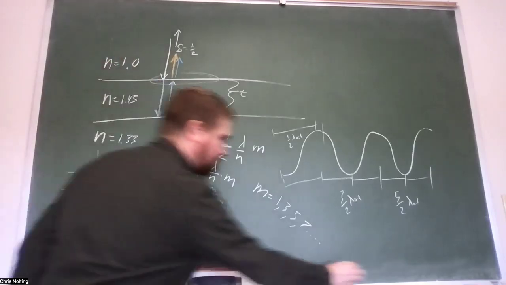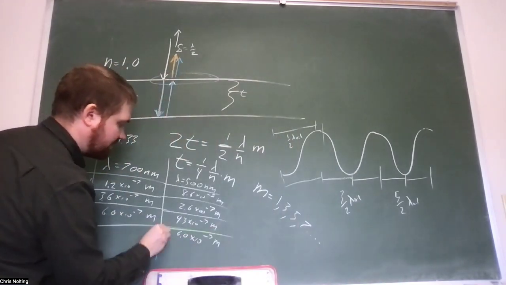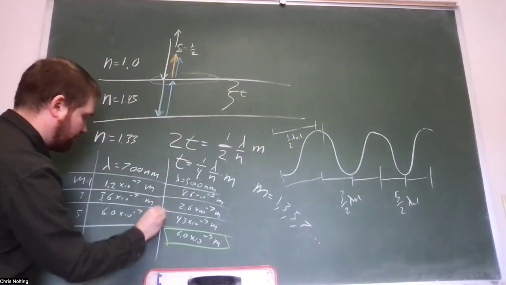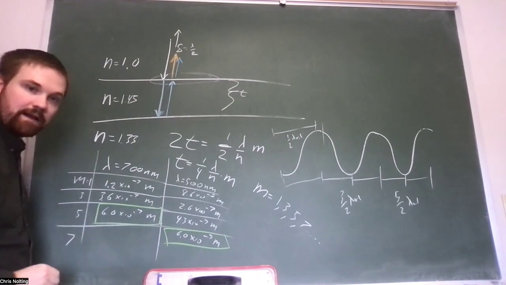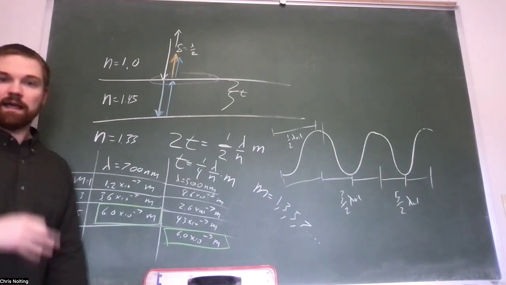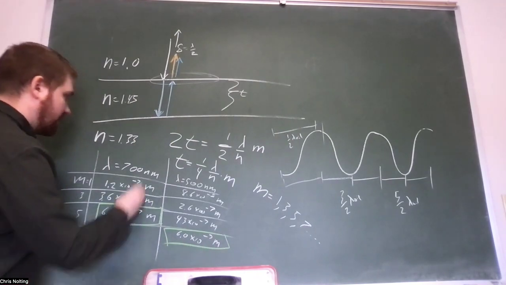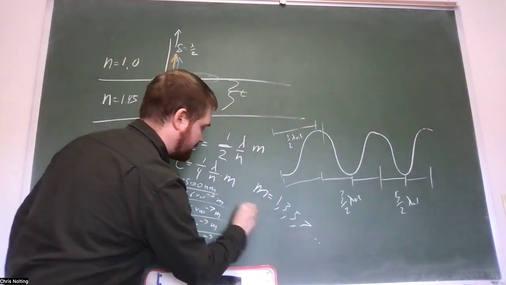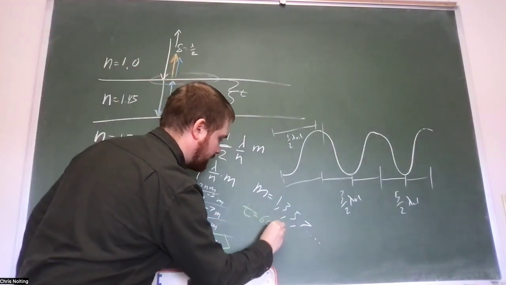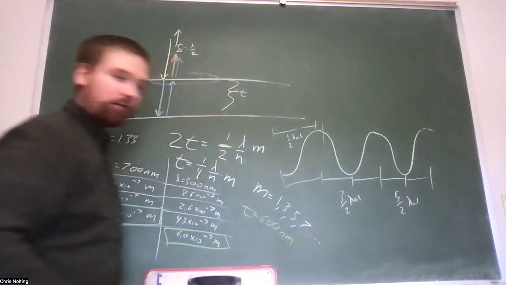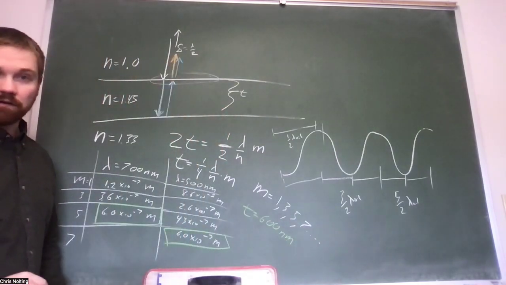And here we could say, finally, we recognize that there's only one true thickness to this oil. So the one that agrees between these two has to be the true thickness. So the answer here has to be T equals 600 nanometers, or 6 times 10 to the minus 7 meters.